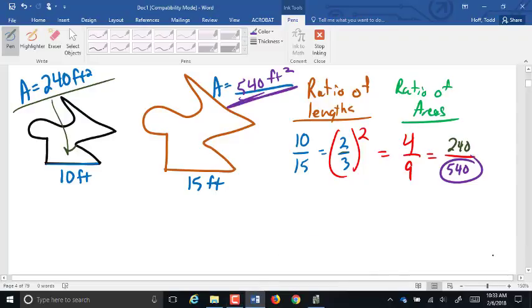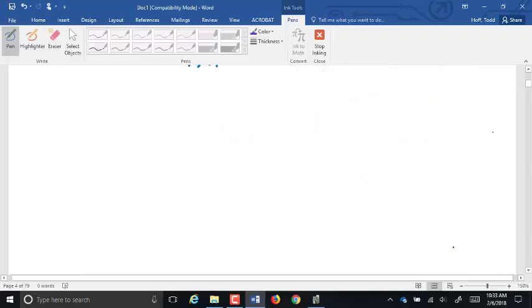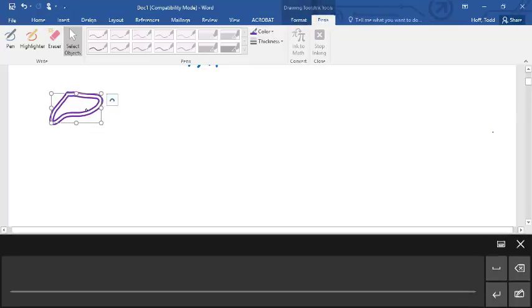So the next step of this is what happens if we have a three-dimensional object. Let's take something like this, a little bit weird shape again.